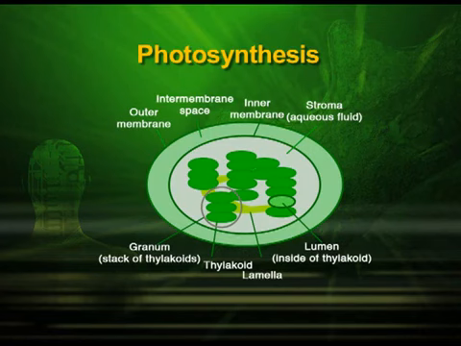So, this is the basic structure of the chloroplast in which chlorophyll is located. This chlorophyll is a green pigment which helps the utilization of carbon dioxide and water in the presence of sunlight for photosynthesis.